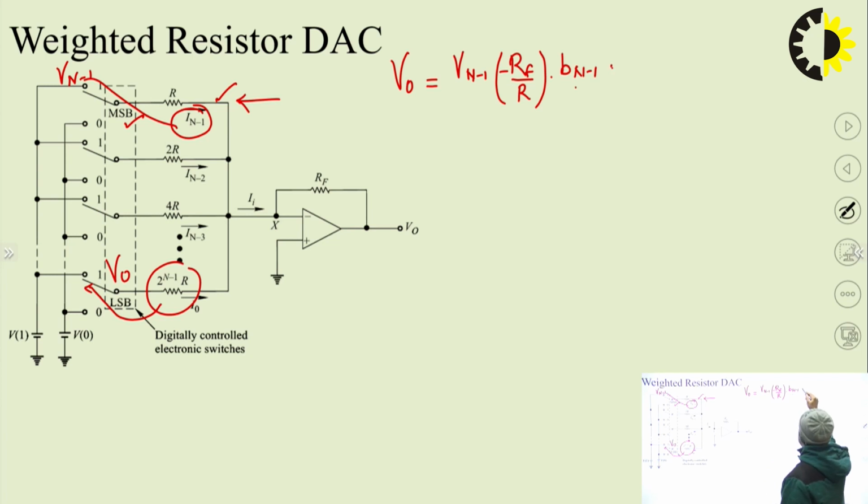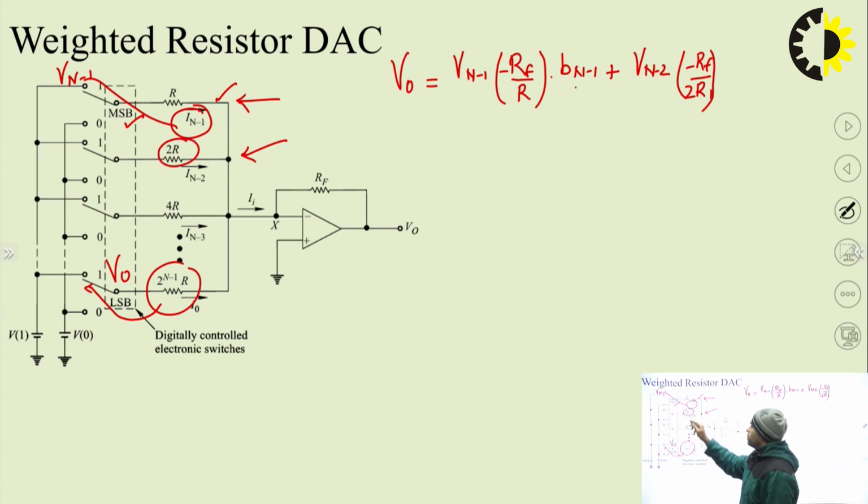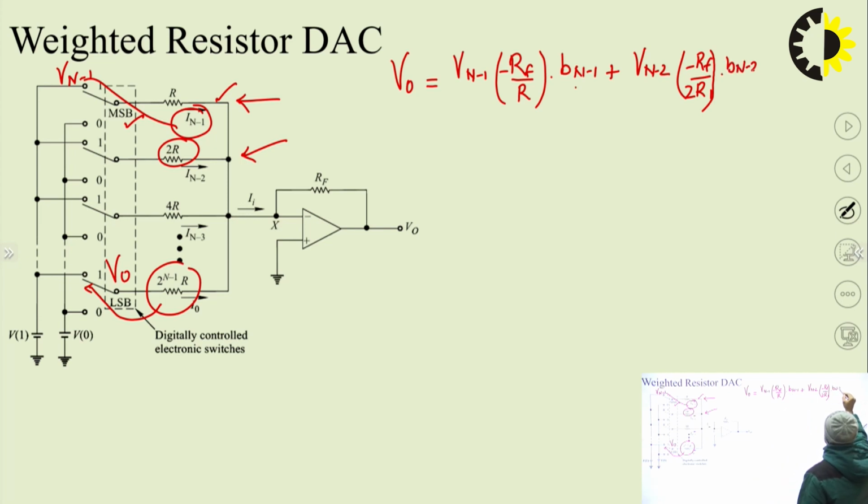Similarly, if you proceed further for the second branch, this will be having voltage Vn minus 2 into minus Rf upon 2R, minus because the resistance in this second branch is 2R, into Bn minus 2.